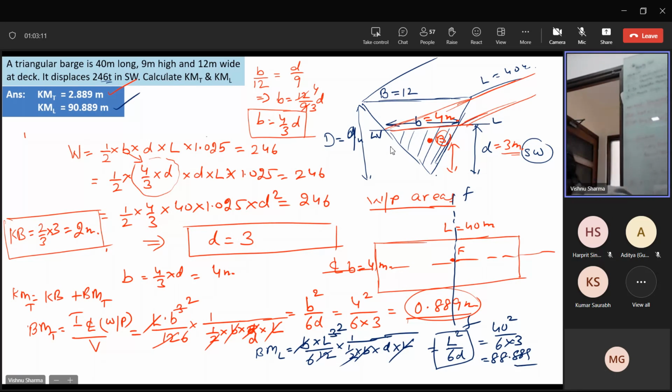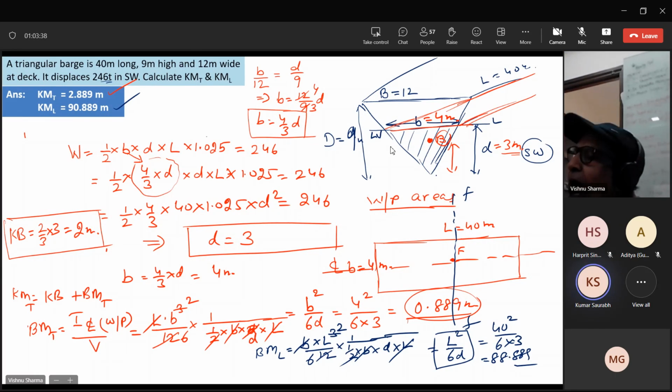Please review this question in calculation of KMT and KML and let me know what your concerns are, if any.